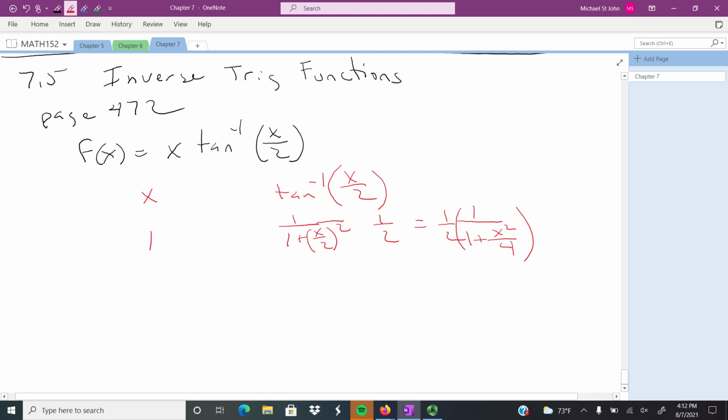So now I can plug it into my whole product here. So this is going to be 1/2 x times 1 over 1 plus x squared over 4, plus inverse tangent of x over 2. Okay.